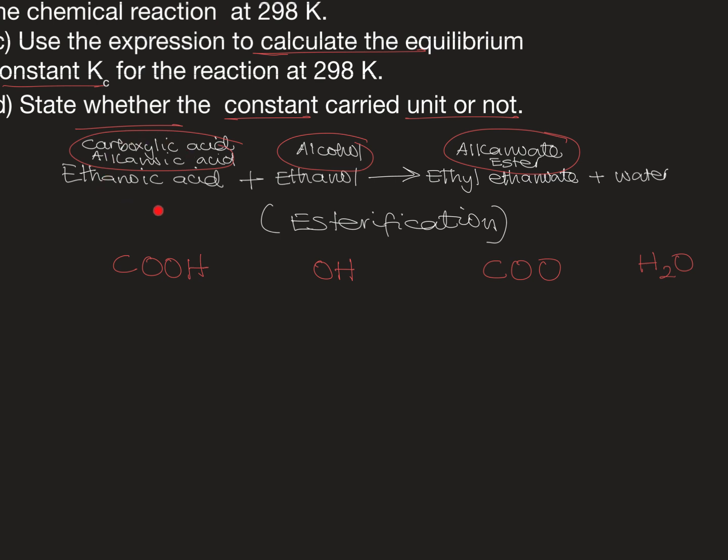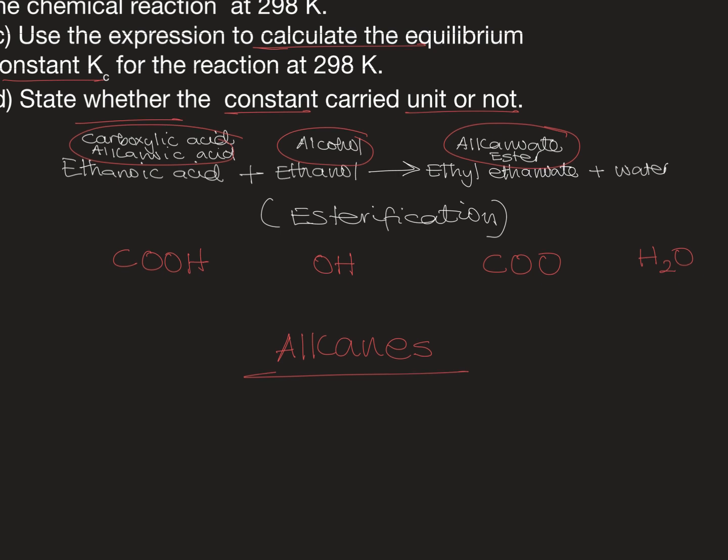You take an alkanoic acid, mix it with alcohol, you will produce an alkanoate or an ester. There are a lot of compounds that you have to deal with in organic chemistry. The simplest form of the organic compounds are called the alkanes.